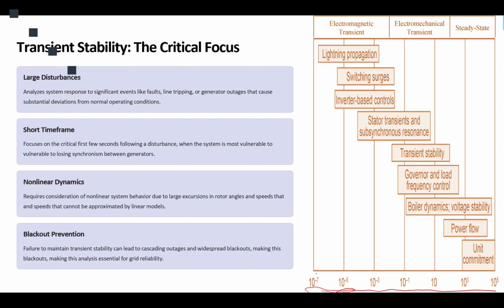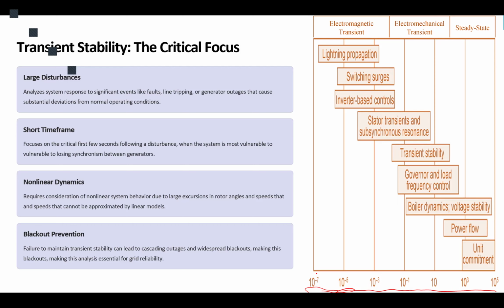It's about how a disturbance in a rotating machine, like in the stator of the machine, would affect the system, or how the governor or frequency control of a rotating machine would react to the load flow or any disturbance.